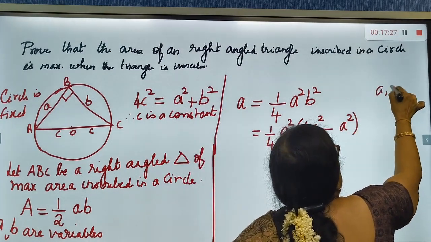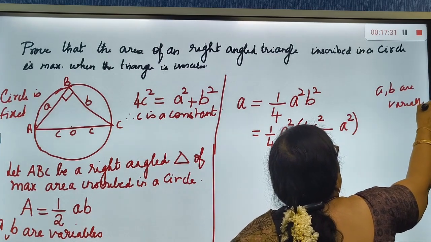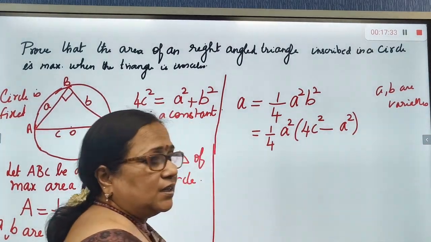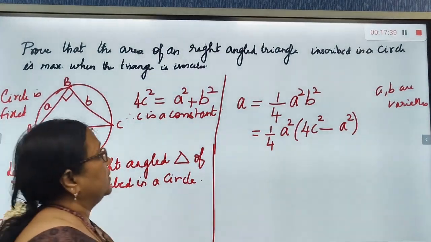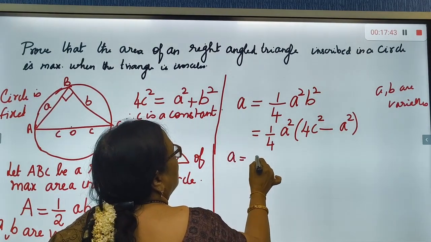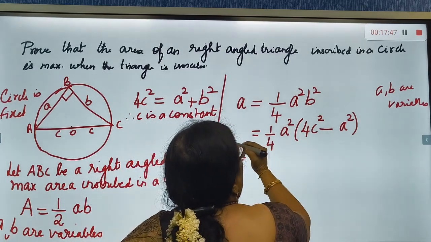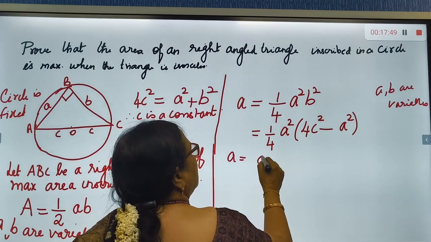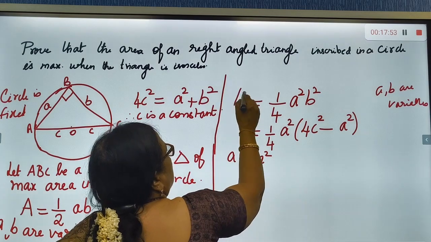Again I am writing A and B are variables because you can have infinitely many such triangles. We are looking for that one which is going to give you maximum area and prove that it is an isosceles triangle. So this is A square by 4, or I can simplify this. 4 into 4 will get cancelled. A square, since I have already used A, I will use K.